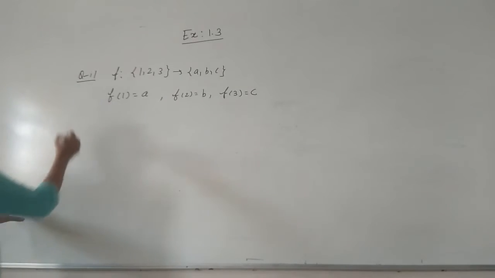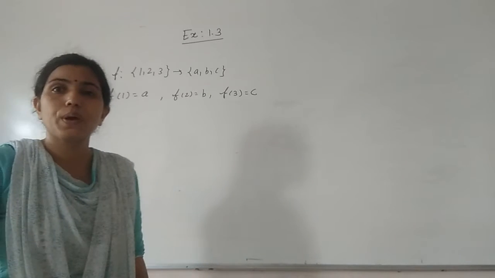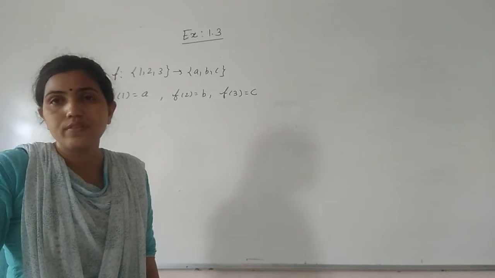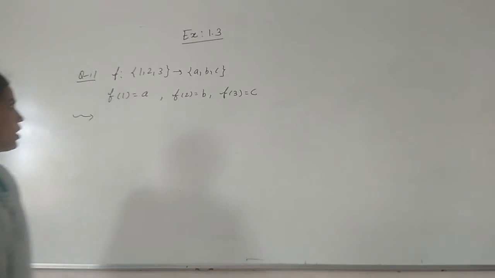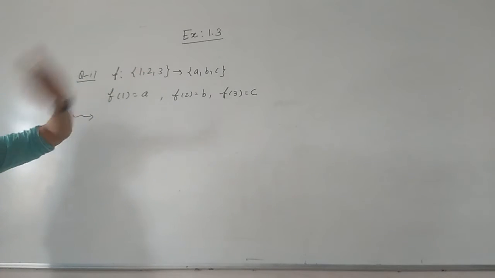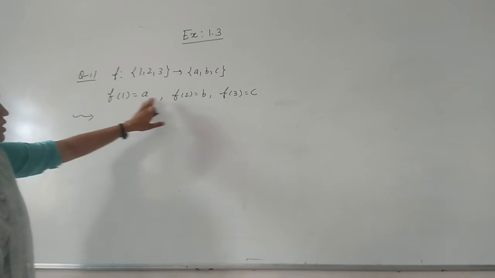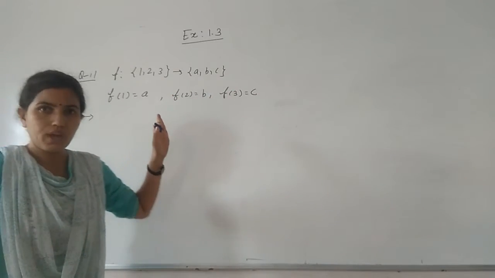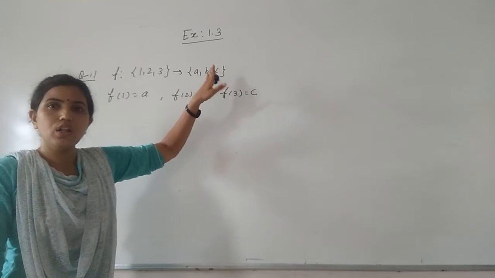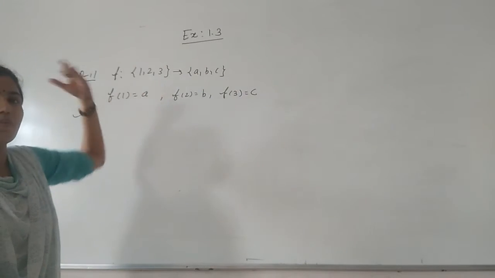To find f inverse, first our function must be invertible. If f is invertible, then only we can find the inverse. So here you can see this function is from {1, 2, 3} to {a, b, c}. And here f(1), f(2) and f(3) give us different images, and the images are a, b and c. That means all the elements a, b, c have some pre-image here.